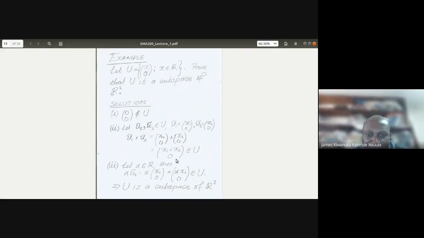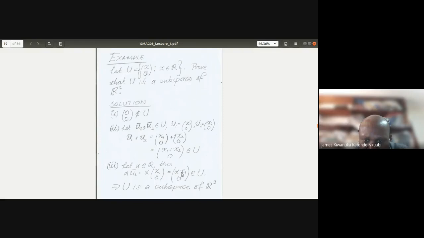For the third property, we check if the scalar multiple of the vector u1 will also be in U. And when we do that, we have alpha multiplied by (x1, 0). And this simplifies to (alpha x1, 0).